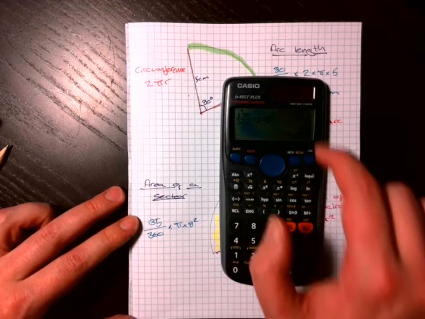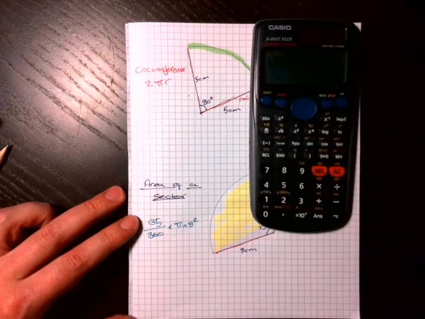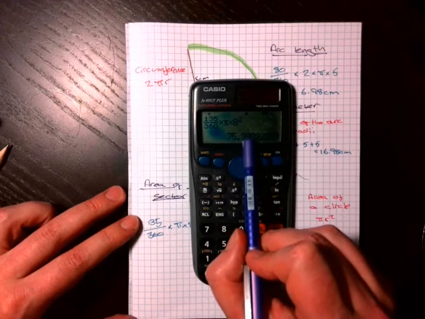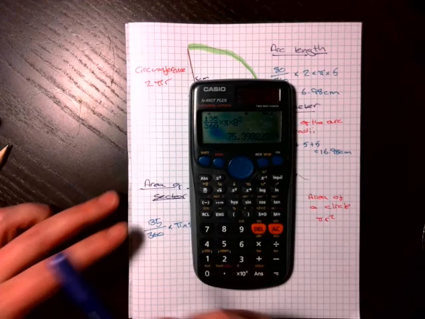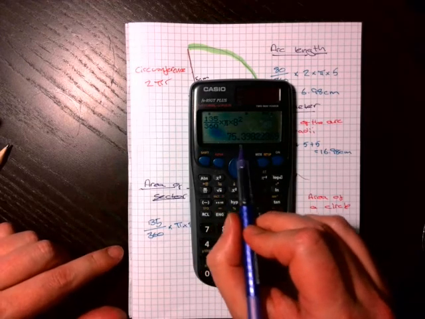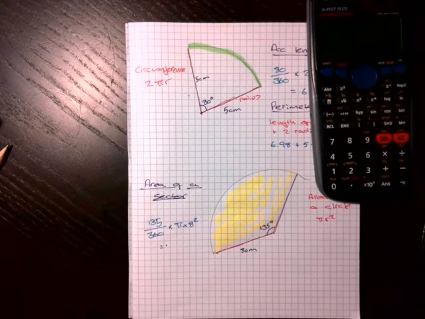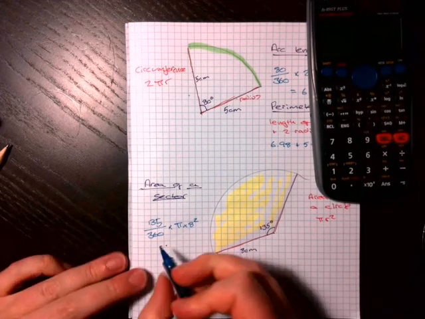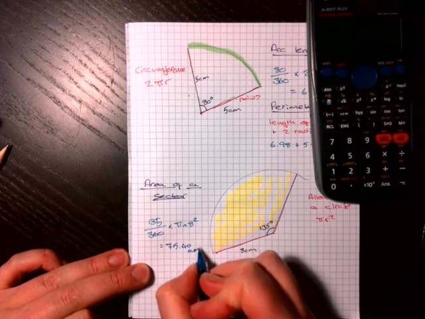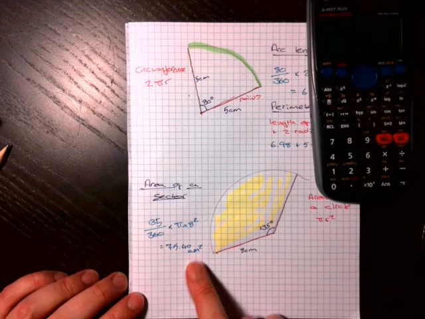And again, it's given us not as a decimal, so if we press the SD button, if we're going to round this to 2 decimal places, it would be 75.40. And that will be centimetres squared because it's an area and we were working in centimetres.